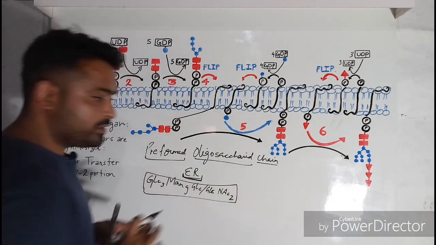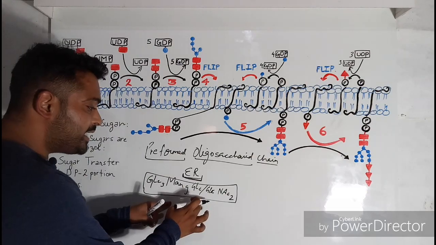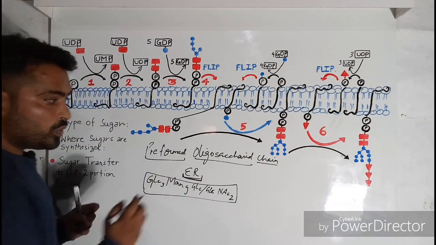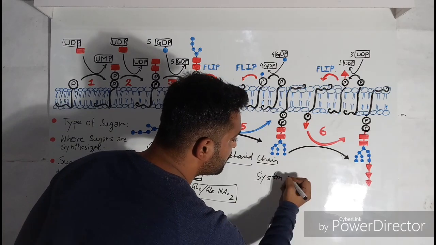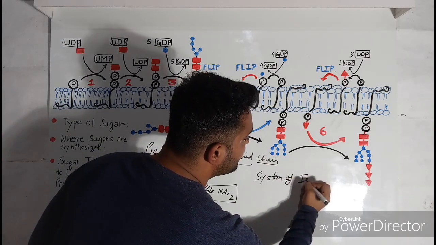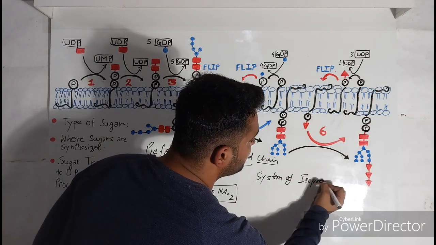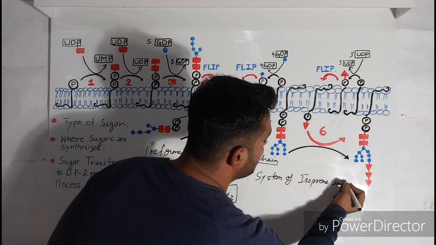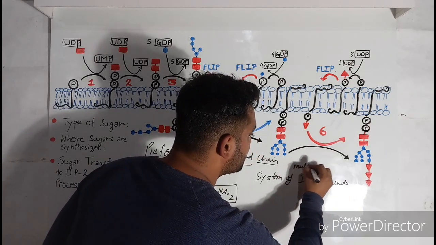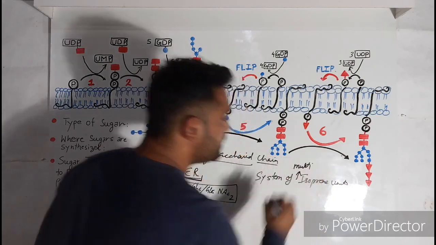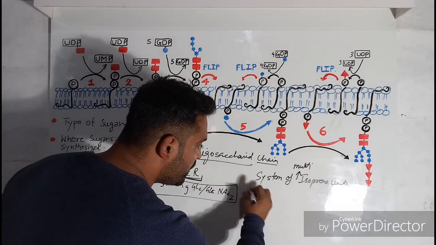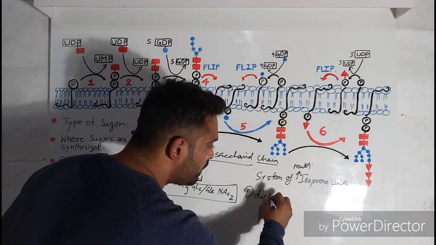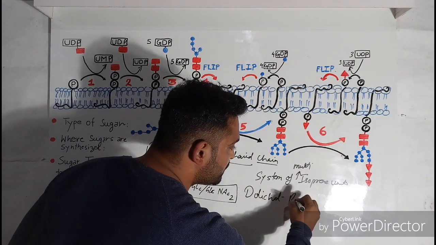And this chain is attached to a system of multi-isoprene units, which is called Dolichol phosphate.